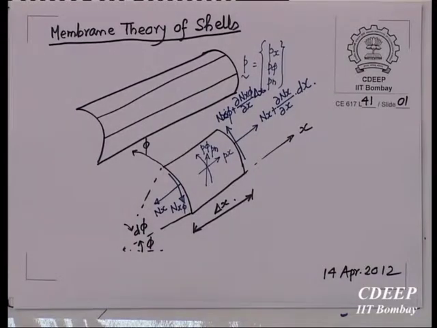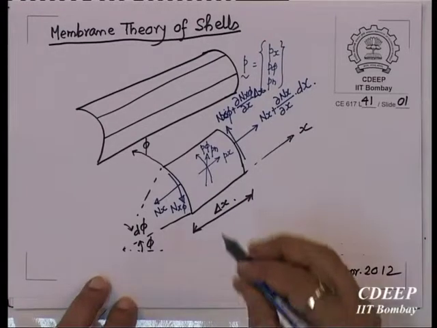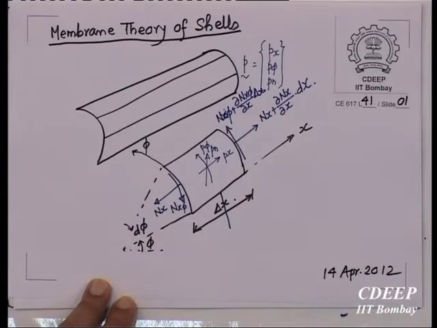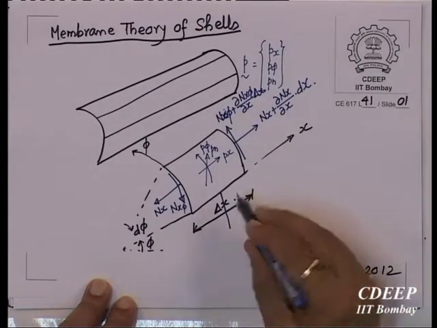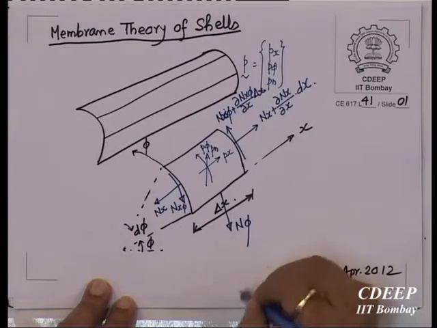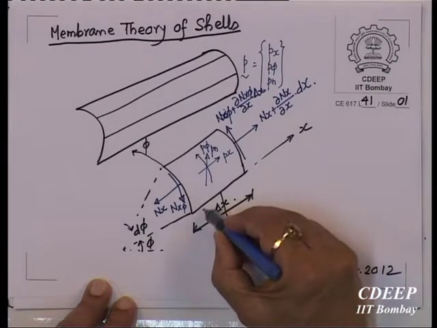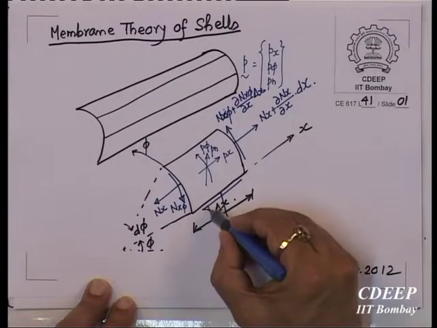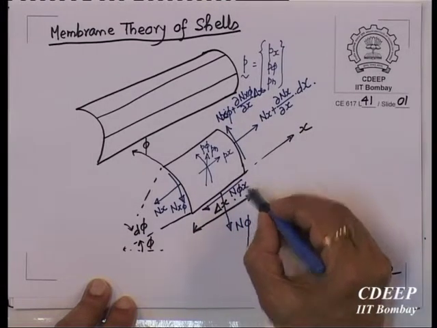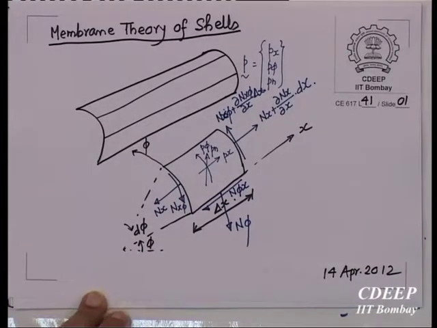In the phi direction, this is the negative phi face. So, there will be n phi and n phi x in the negative x direction. N phi x and n x phi are the same in the case of thin shells.